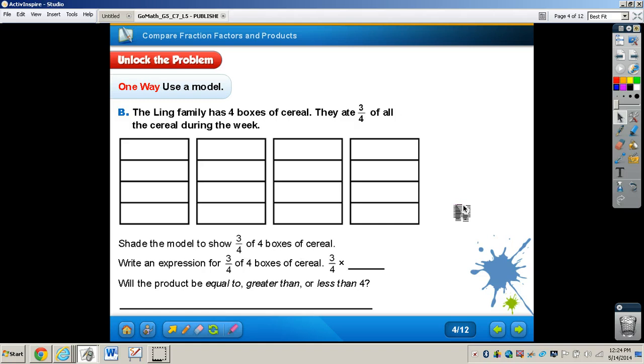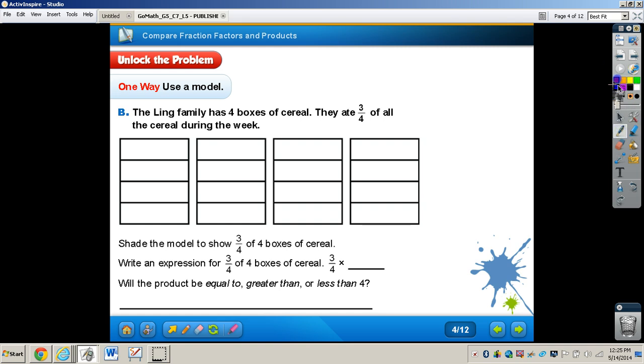It says there for letter B, the Ling family has 4 boxes of cereal. They ate 3/4 of all the cereal during that week. Okay, so what we need to do is shade the model to show 3/4 of 4 boxes of cereal. So we have our 4 boxes of cereal, all divided up into 4 sections. Why 4 sections? Because 3/4 of each box is eaten.